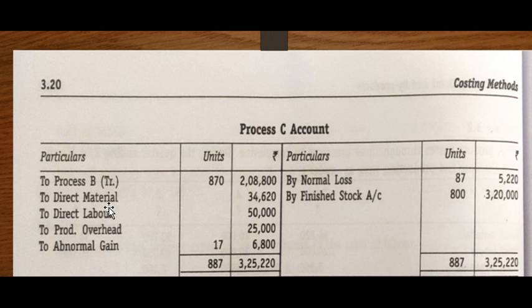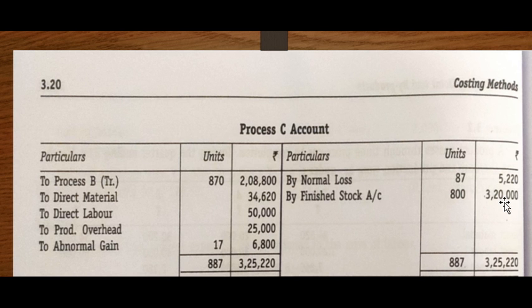So you will get 3,18,420. In that you will minus your normal loss cost as per the question. How much is your normal loss cost as per the question? 5,220. So minus 5,220 will give you 3 lakh 13,200. This is divided by number of units introduced minus normal loss units.